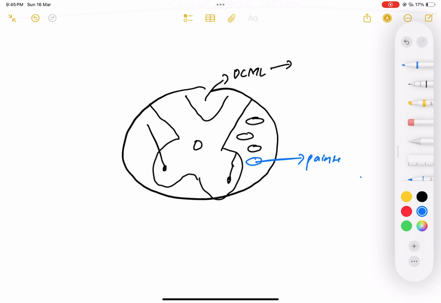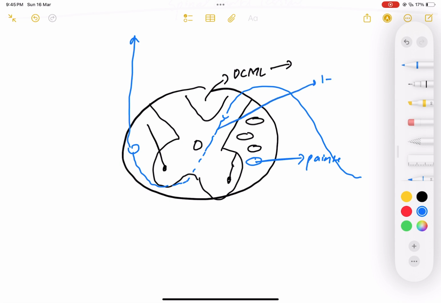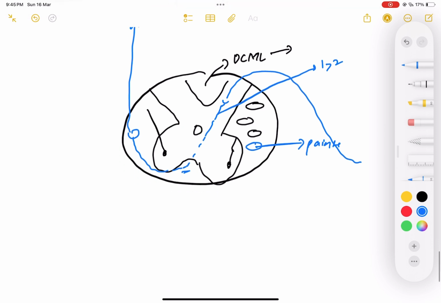If you remember what happens in the lateral spinothalamic tract, things would come through the posterior horn, and it would relay here in the dorsal horn, and move 1 or 2 segments above, and it would come through the anterior commissure like that, and then start moving in the lateral column up to your brain. We already know that, but you should know that 1 to 2 segments above it crosses in the anterior commissure, right?